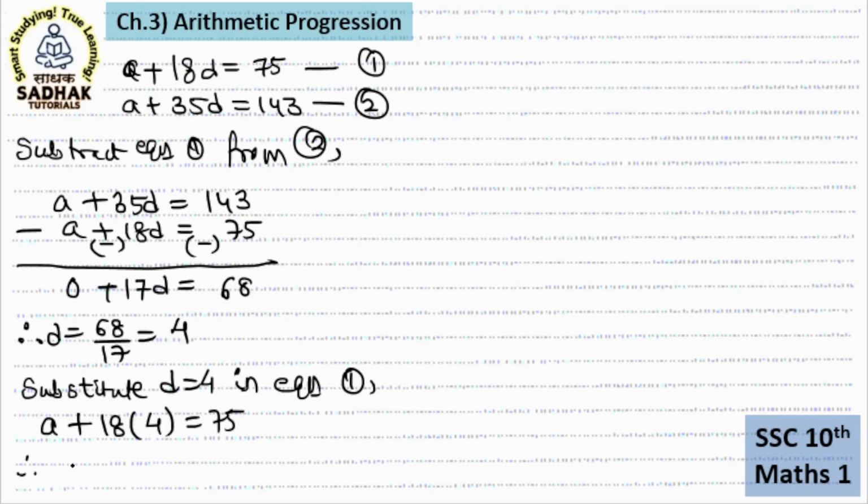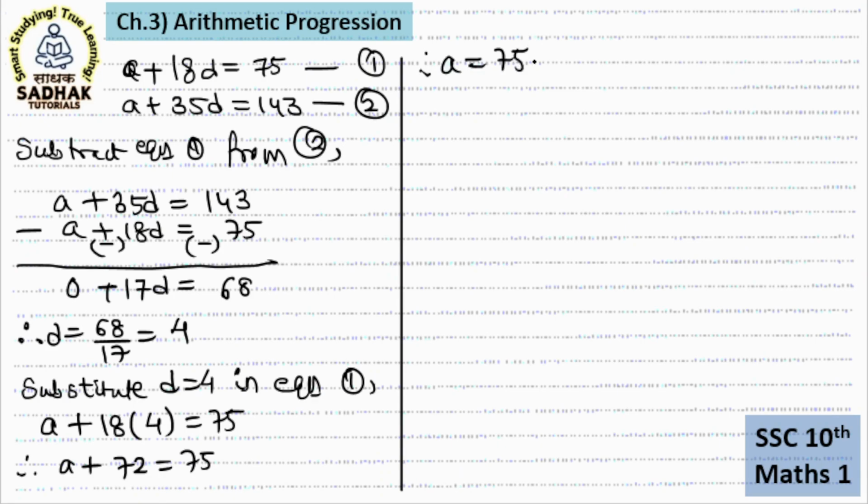Therefore A plus 18 4s are 72 is equal to 75. Now it is very easy to find out A. Therefore A will simply be 75 minus 72, that is 3. So A's value is 3, D's value is 4.